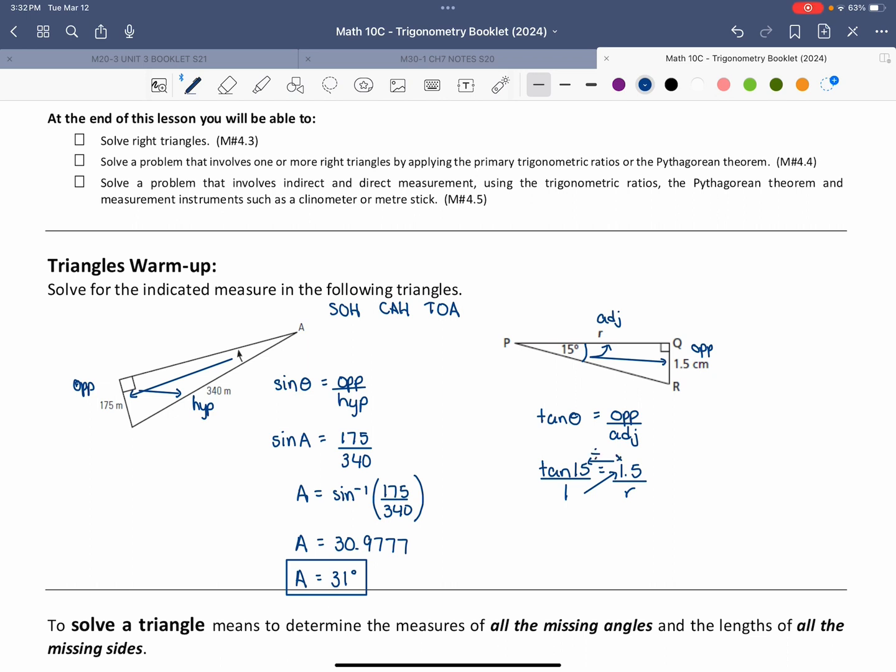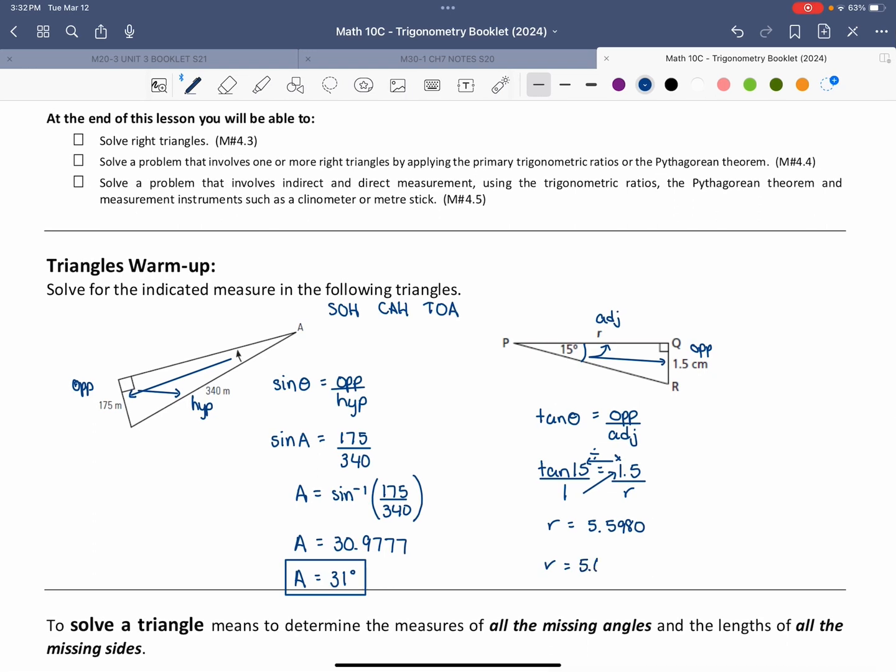So 1 times 1.5 divided by tan 15 gives me r equals 5.5980. With side lengths, we typically round to the tenths place, so 5.6 centimeters.